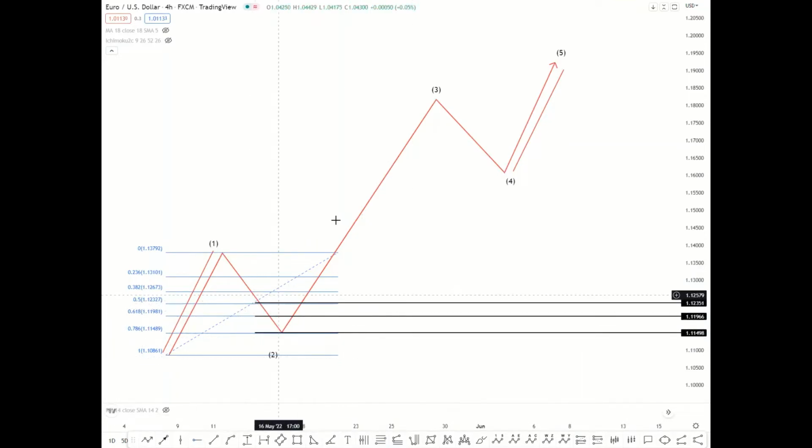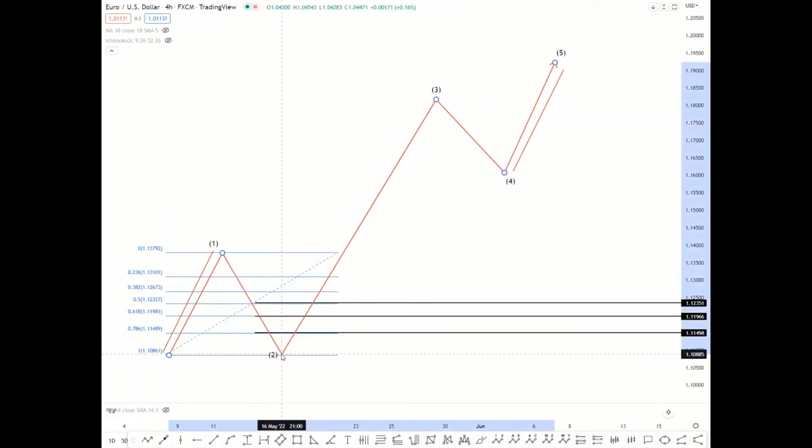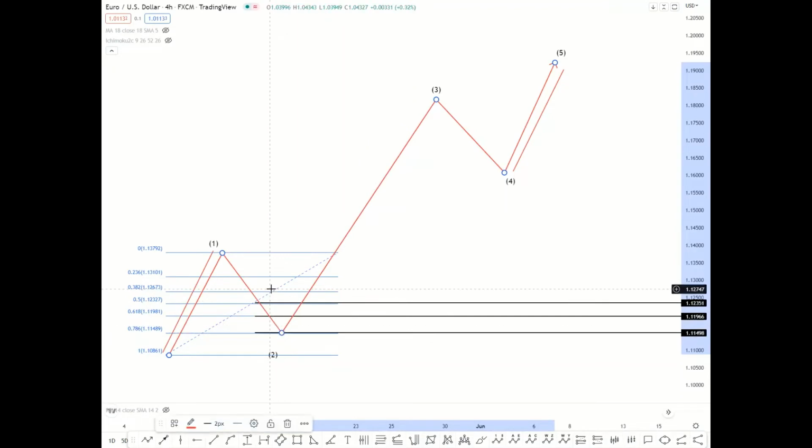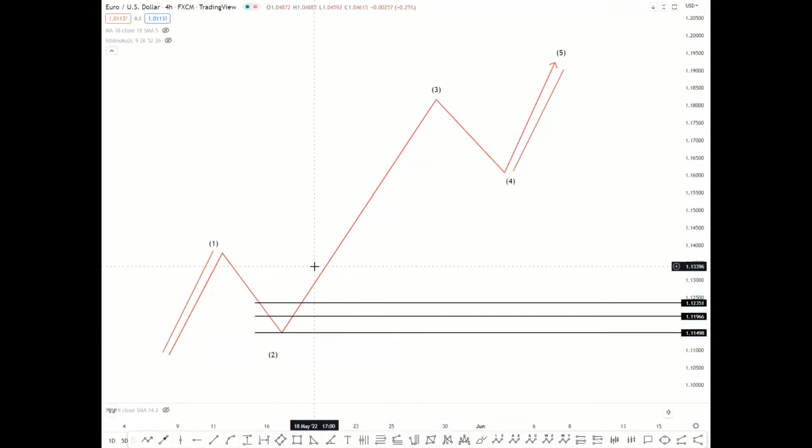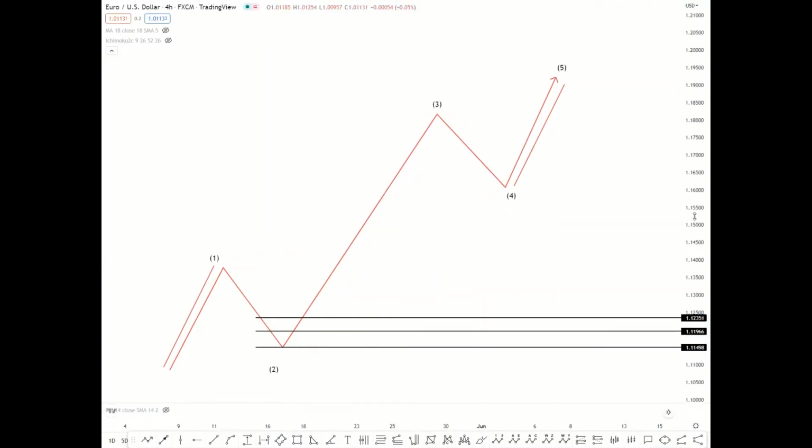If it turned at 50%, it's still wave 2. If it turned at 60%, it's wave 2. If it turned at 78%, still wave 2, but it must not be equal to the starting point. Then the trend is terminated. It must be over here, or over here, which is tricky though, to find the turning point of a correction. But we're going to focus on it, we're going to learn it, and then you will understand it.